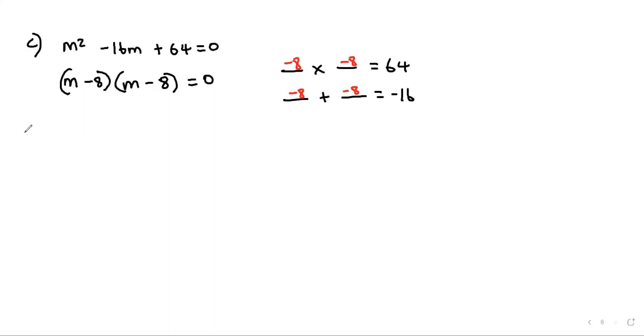So m minus 8 equals 0, or m minus 8 equals 0. So it means that m equals 8, and also here m equals 8. Okay, so that is our answer.